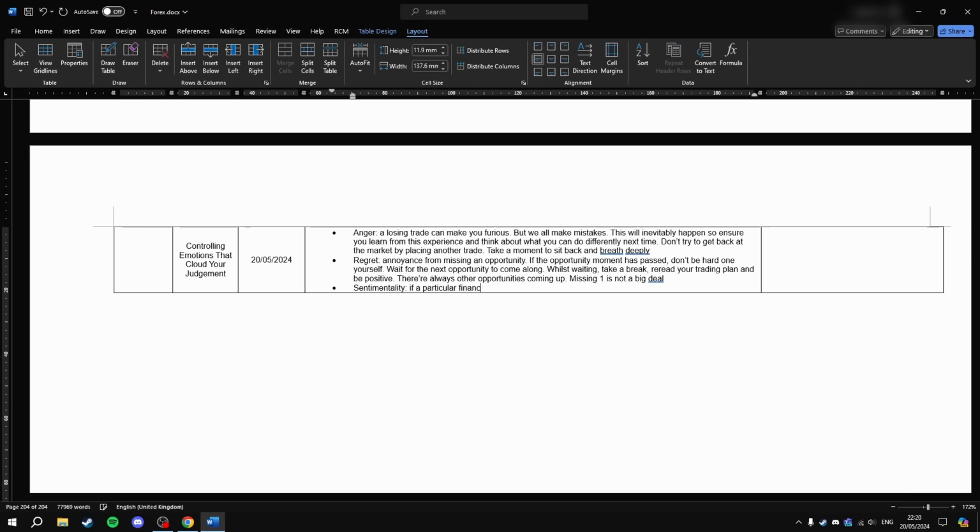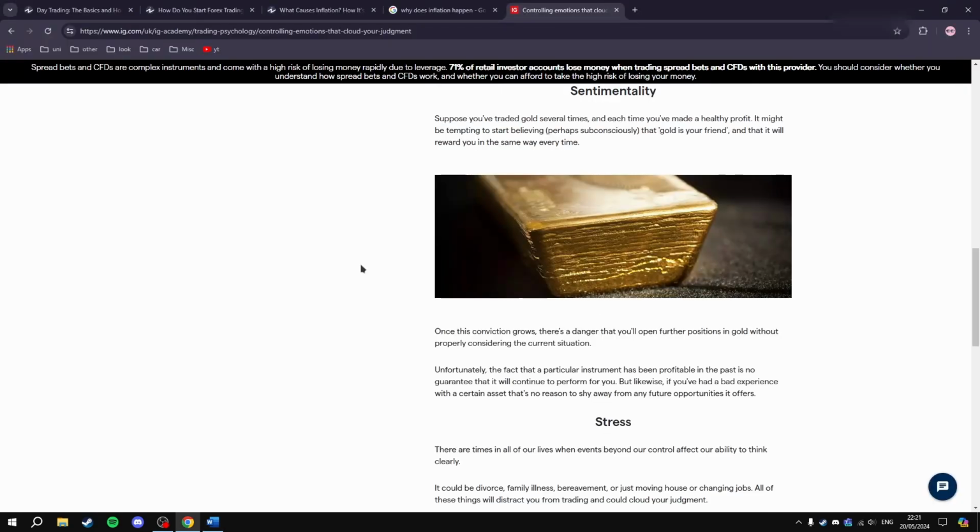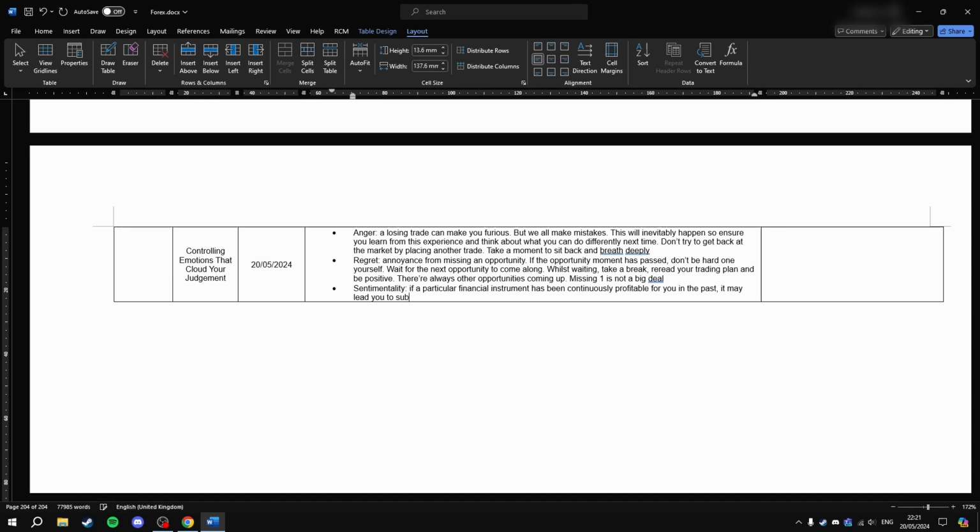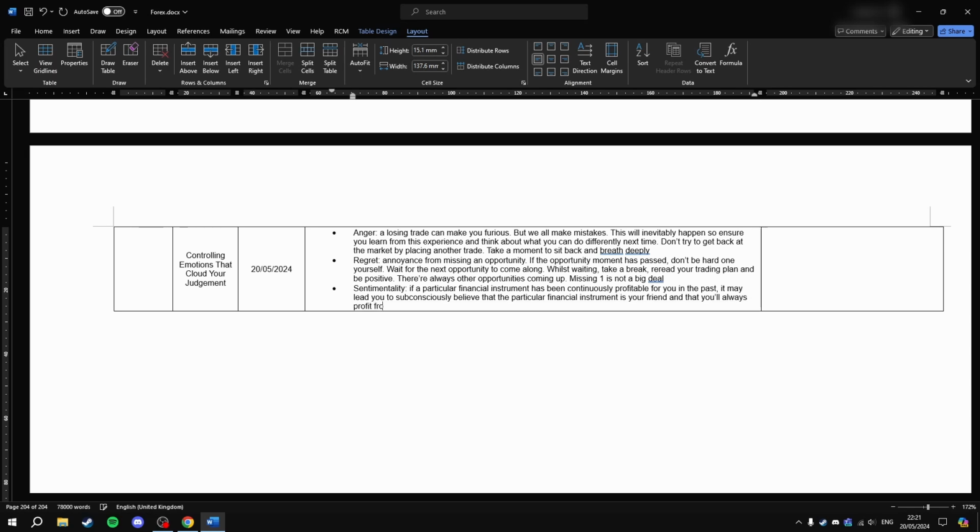If a particular financial instrument has been continuously profitable for you in the past, it may lead you to subconsciously believe that the particular financial instrument is your friend and that you'll always profit from it.